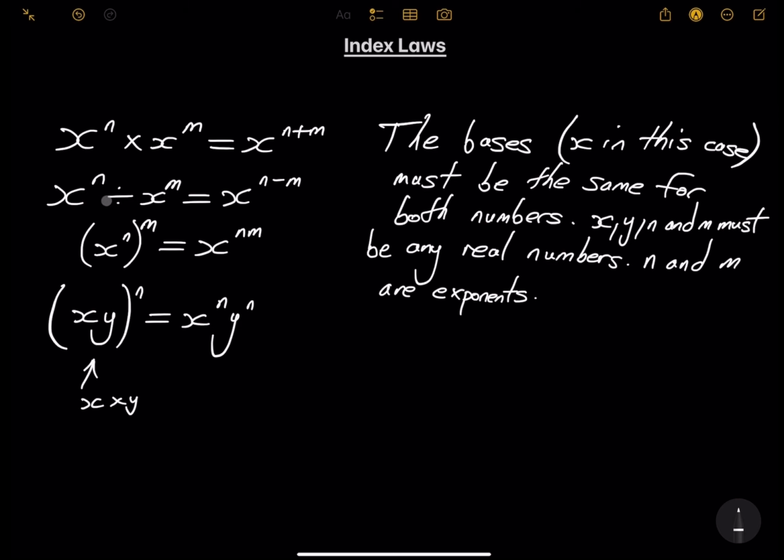When we've got a number raised to an exponent, and then that's all in brackets raised to another exponent, we multiply the two respective exponents. And then for the last one, if you've got an expression which multiplies, x times y, x times z, anything, we raise everything to that power. So that's the fourth index law.